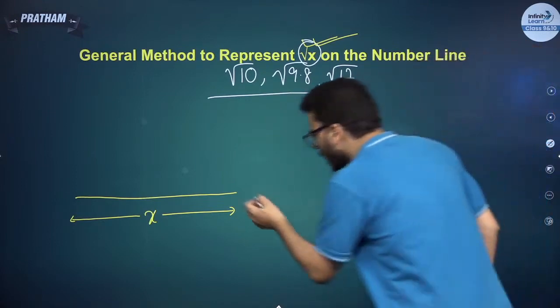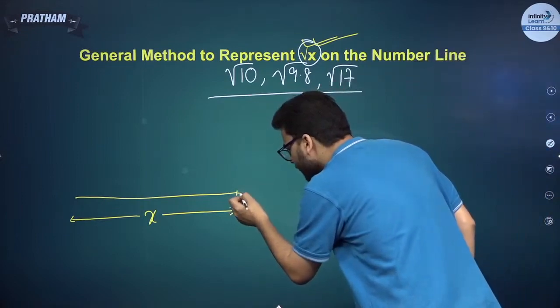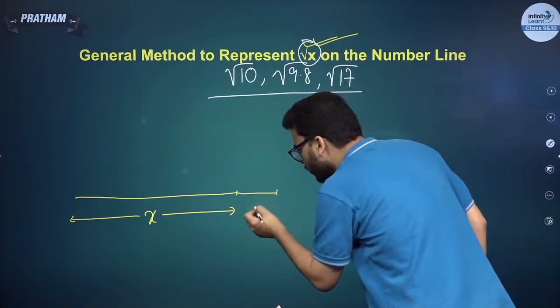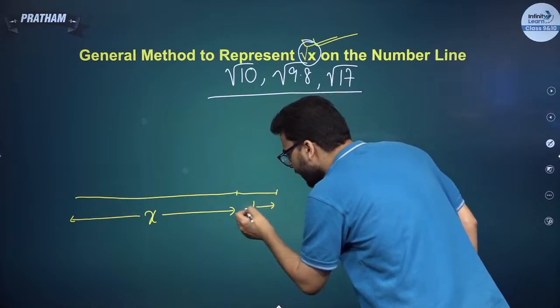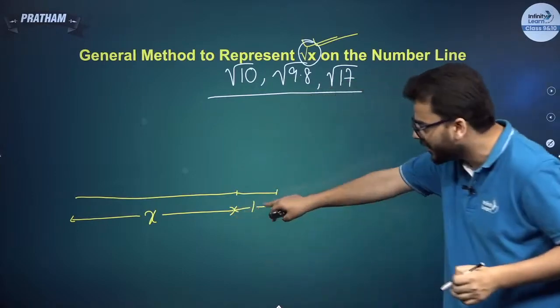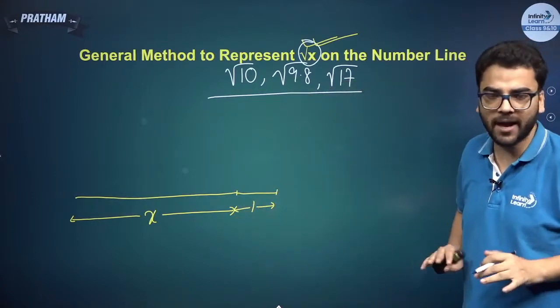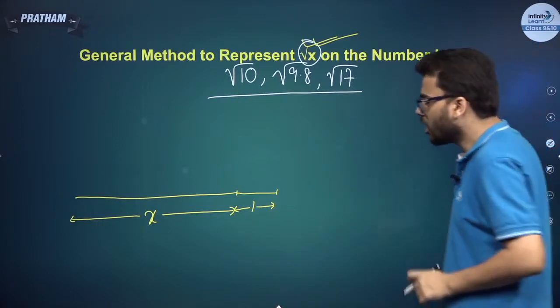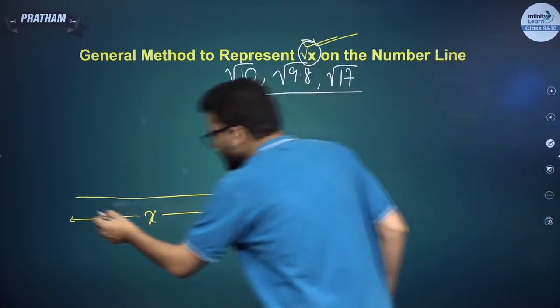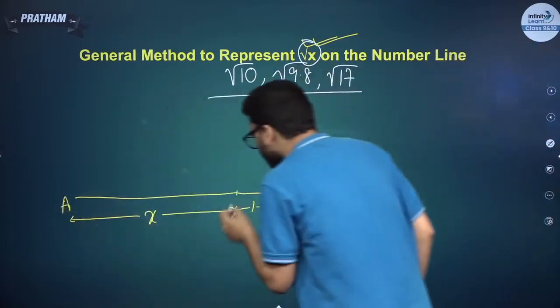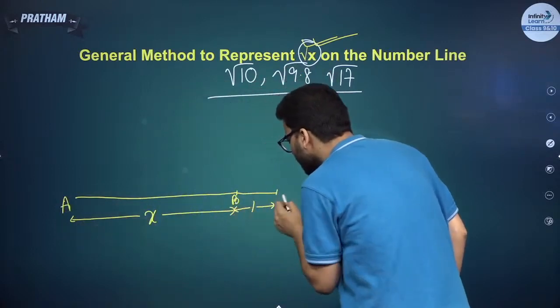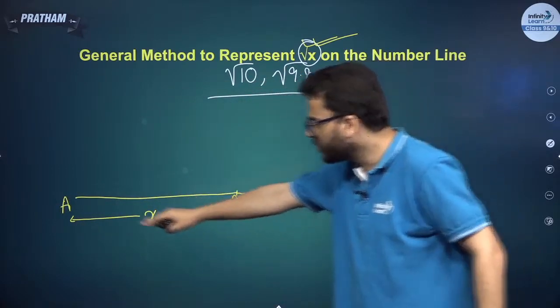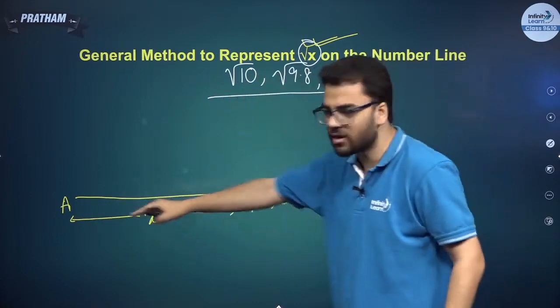Now what you will do? From this point, extend it to 1 unit extra, okay? From this point, extend it to 1 unit extra. You got it, I think, right? Now what you will do? Suppose this is A, and this point is B, and this point is C. Now you have to make the perpendicular bisector of AC.